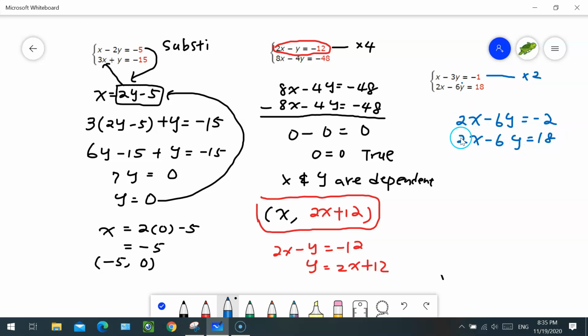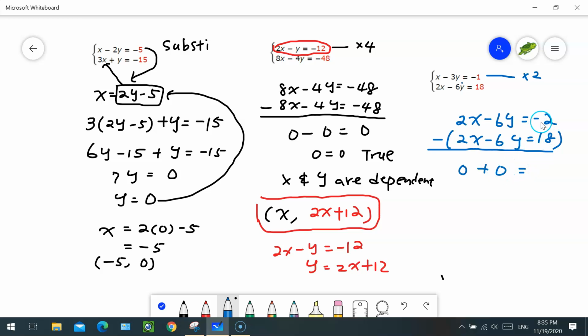I want to eliminate the 2x, so I subtract the second equation from the first equation. So 2x minus 2x is 0. Negative 6y minus negative 6y, which is negative 6y plus 6y, turns to 0.